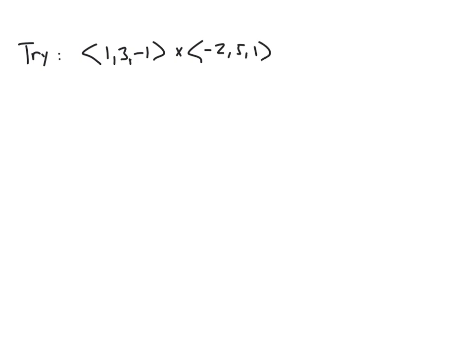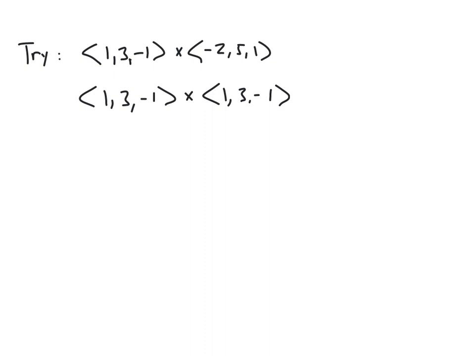Now you might say, well, those are the same two vectors that we just computed the cross product of, just in a different order, and almost certainly this will be the same answer that we just obtained, the -8, -1, -11. But if you think that is the case, you will be surprised by the answer that you get here. And also try looking at a cross product of a vector with itself. So maybe 1, 3, -1 cross 1, 3, -1.